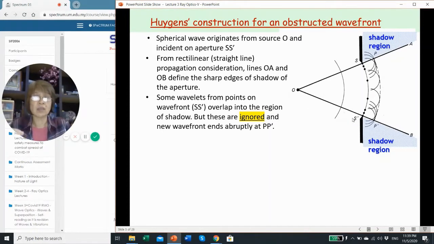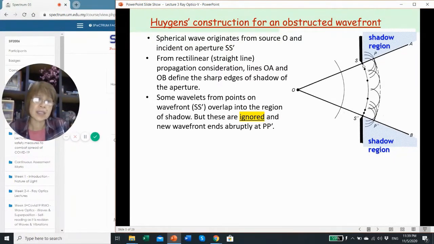Now we are taking light to travel in a straight line, so we are considering rectilinear propagation. So you see here, this will limit and give you the sharp edges of the shadow of this aperture. So you have these lines OA and OB. If you were to draw the wavefront that reaches the aperture, this will be the wavefront.